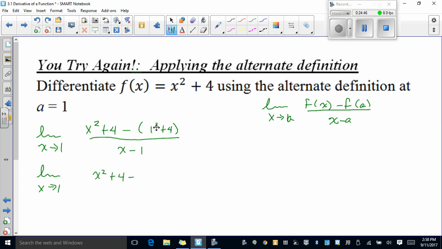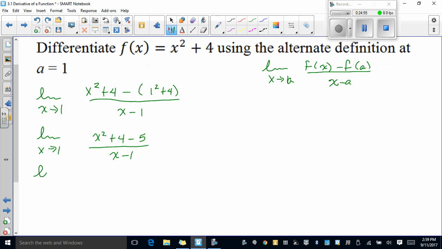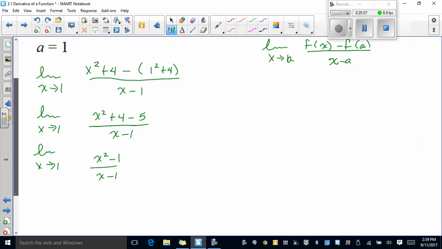So we keep going, the limit as x approaches 1. Combine my terms there, I'm going to get x squared minus 1 over x minus 1. And you can see if I put 1 in, I'm still going to get 0 over 0. So almost there, almost there. This one here, factors of negative 1 that get me to 0 because I have no middle term.